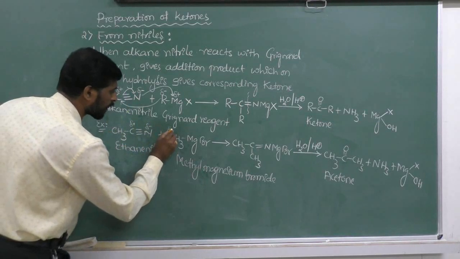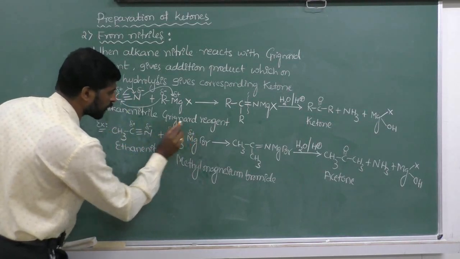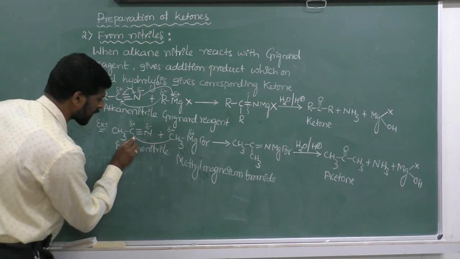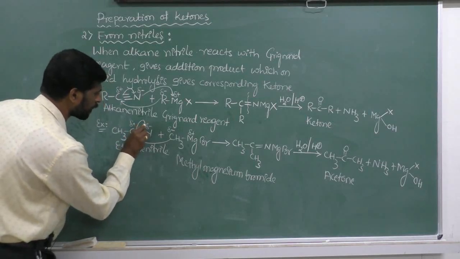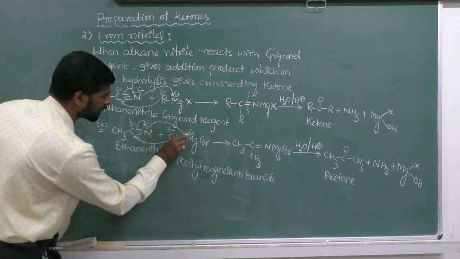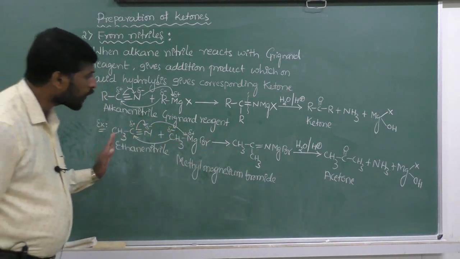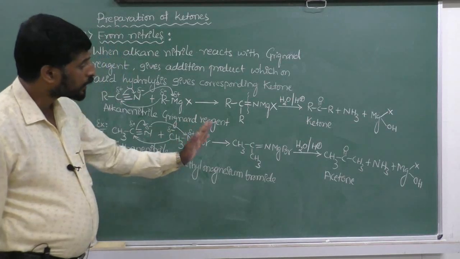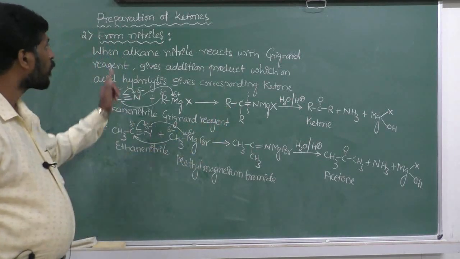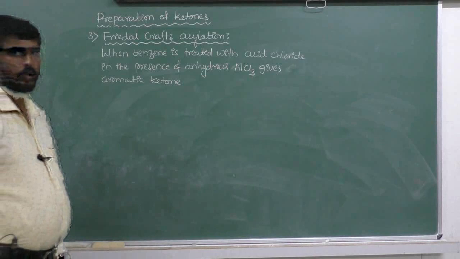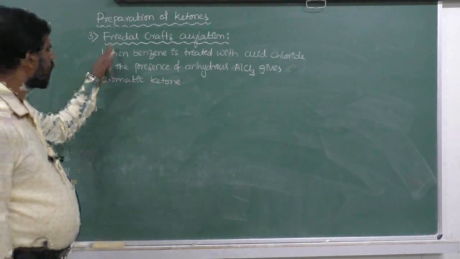Here also partial negative charge, partial positive charge. This will attach to this carbon, this bond is shifted on nitrogen, and this will attach to this, and that gives the addition product. In this way the corresponding ketone is formed.